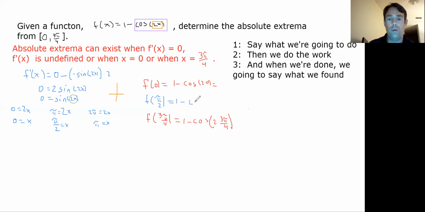So 1 minus cosine of 2 times pi over 2. All right, yeah, 1 minus cosine of 0. So that's 1 minus 1, which is 0 there. Let's see here. I got 1 minus cosine of pi.